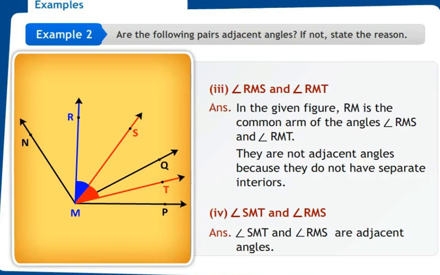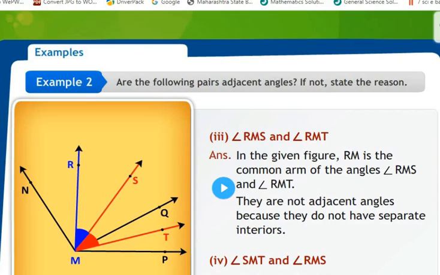You can see in the figure the angle SMT, which is shown in red, has a separate interior with angle RMS. Hence, they are adjacent angles. Now, I hope you have understood what adjacent angles are, when two angles are adjacent and when they are not.